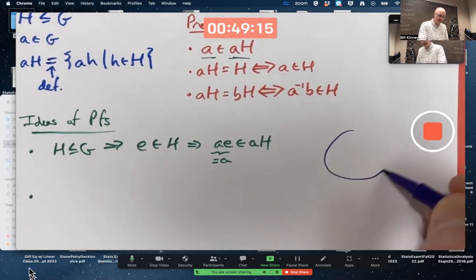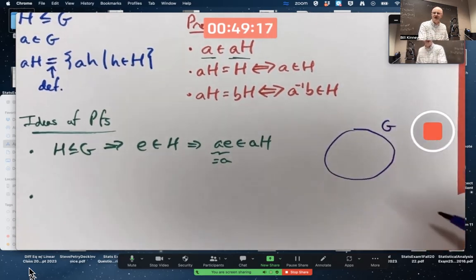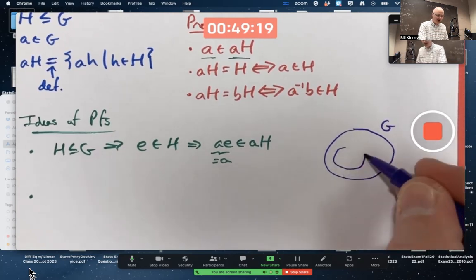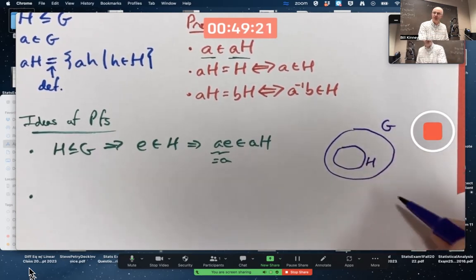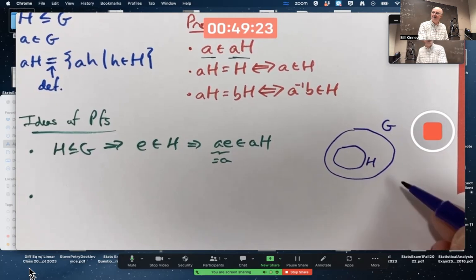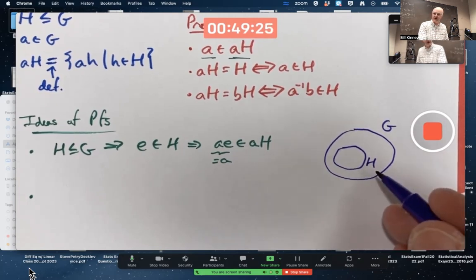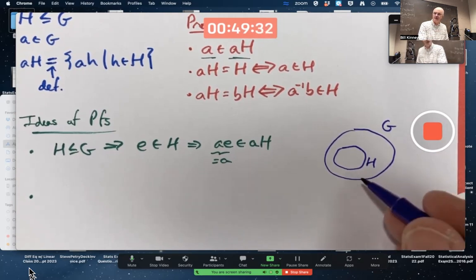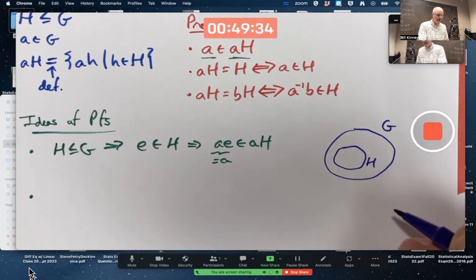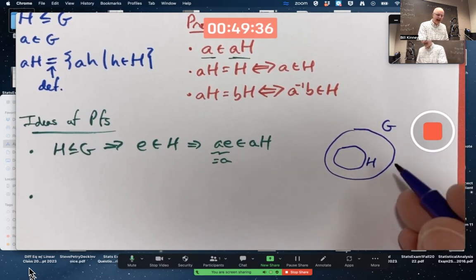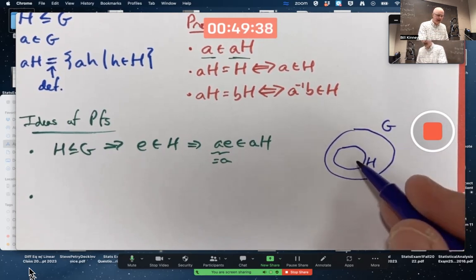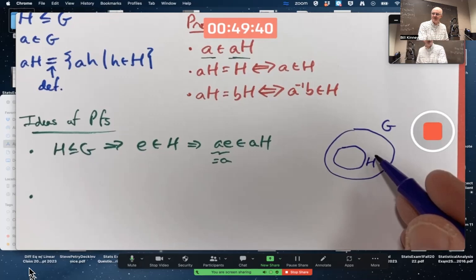Sometimes these pictures are helpful, sometimes they're not. There's G. Here's H. H is a subgroup of G, more than just a subset. In this picture, we only see that it's a subset, but we're also saying it's a subgroup, so it's also got E in it. It's also closed under multiplication. It's also closed under taking inverses. Where is A? A could be in H, it could be outside of H.